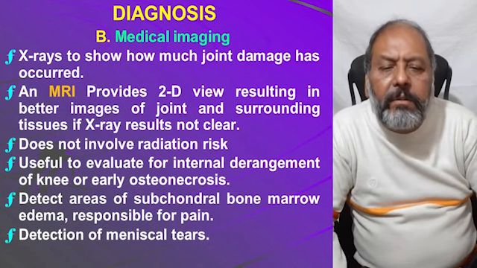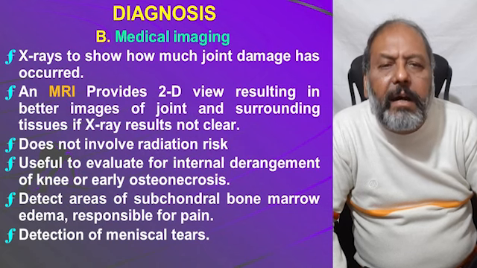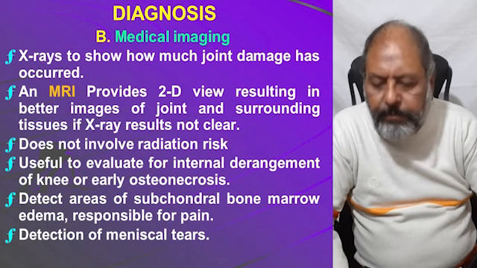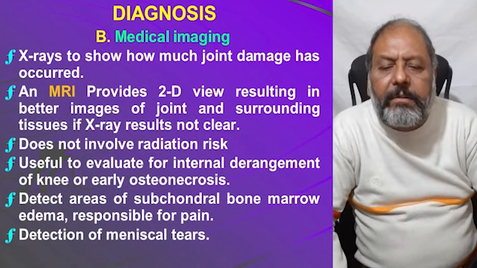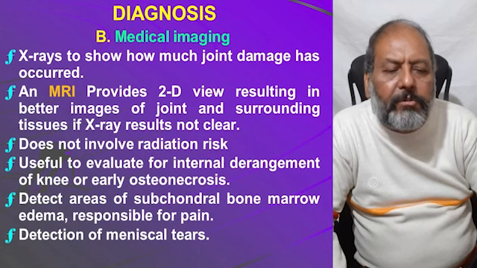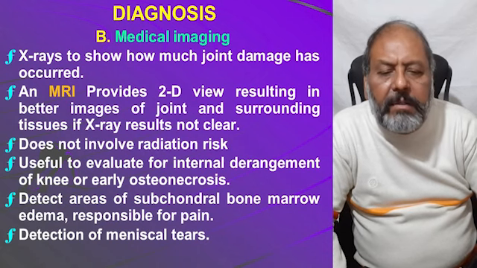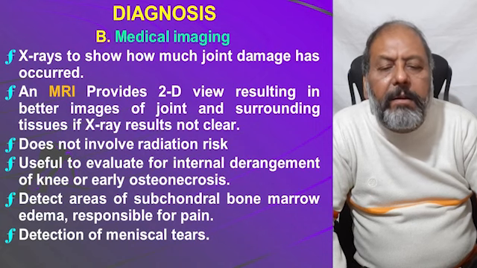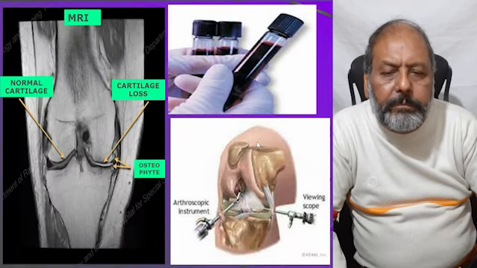It does not involve radiation risk, and it is useful to evaluate the internal derangement of the knee and early osteonecrosis. MRI also detects areas of subchondral bone marrow edema responsible for the pain, and it can detect meniscal tears also.